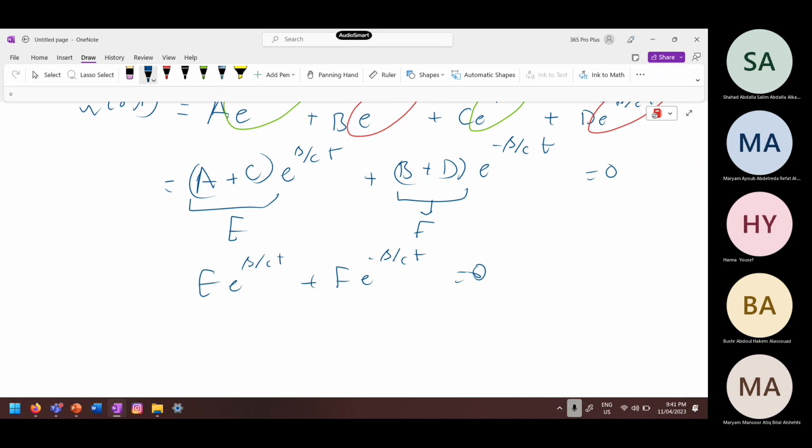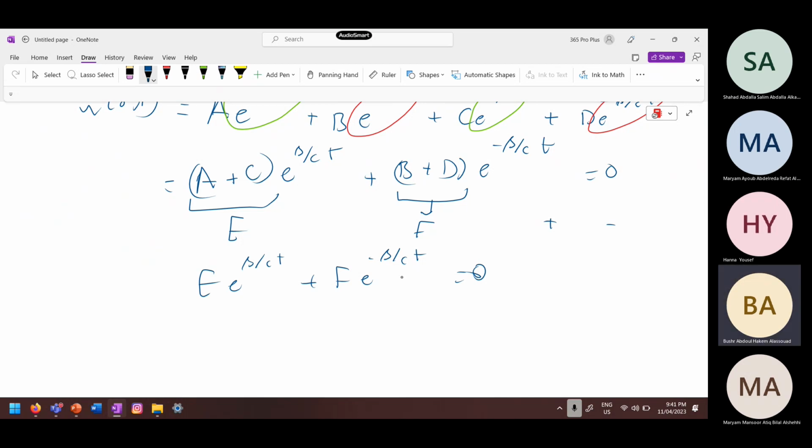Does this make any sense, since we have positive and negative in the exponents? Try solving this in any way you like.